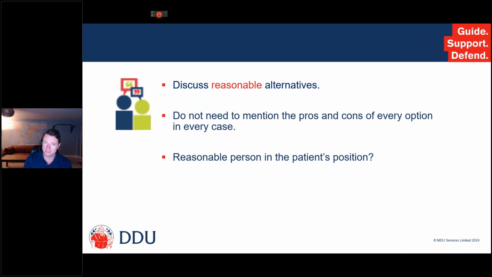So again, discussing reasonable alternatives. As we've said, there was that judgment, McCulloch, last year that very helpfully clarified this point. But again, there is no requirement to discuss every possible imaginable alternative treatment in every case. And we don't need to mention the pros and cons of every option in every case.